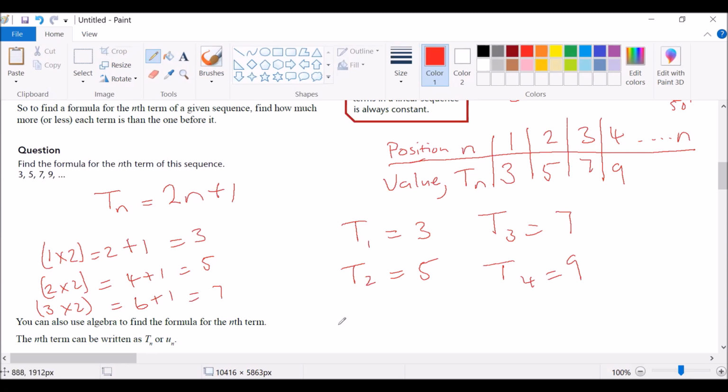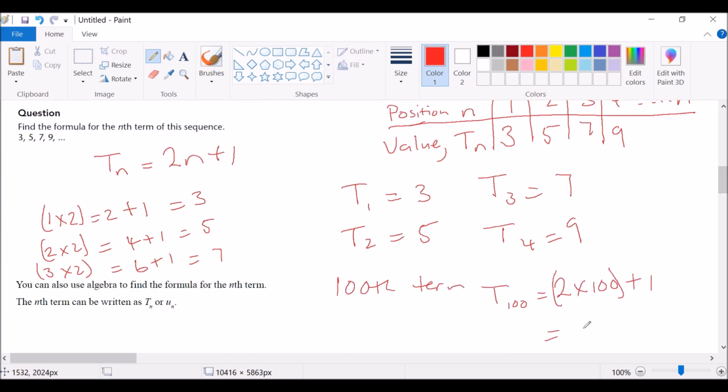Okay, for example, if we want to find the 100th term, which is term 100, it will be equal to 2 times 100 plus 1. So we first multiply the position by 2, then we add 1. So this will be 201.